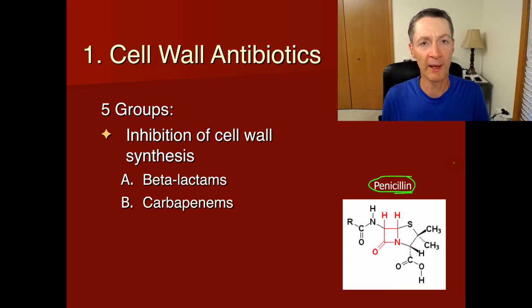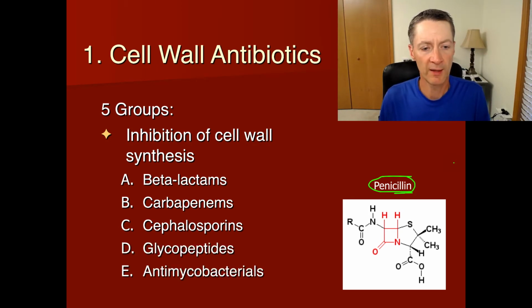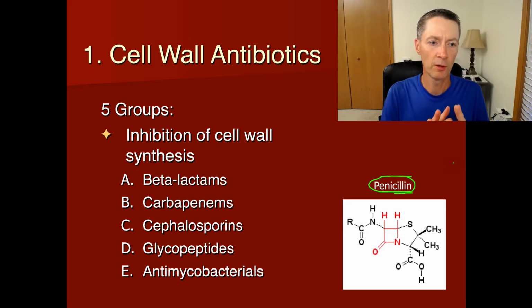We have carbapenems, and we'll talk about each one of these on the subsequent slides. We have cephalosporins, glycopeptides, and antimycobacterials. Okay, so we have 5 subgroups within cell wall antibiotics.